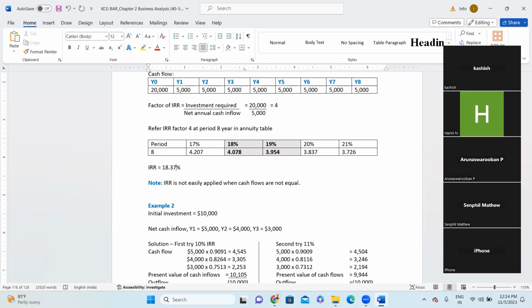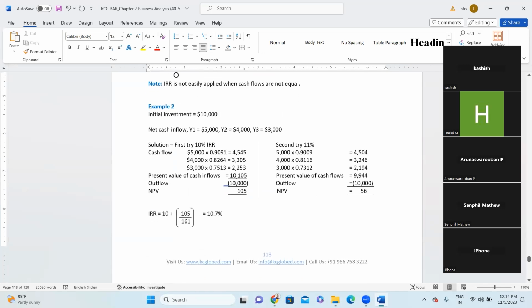Next example: the initial investment is $10,000. Net cash inflow is year 1 5,000, year 2 4,000, year 3 3,000. Solution: first, let's try 10% IRR. Second is 11% IRR. For 10% and 11%, you will go to the annuity table and check the discount rate.